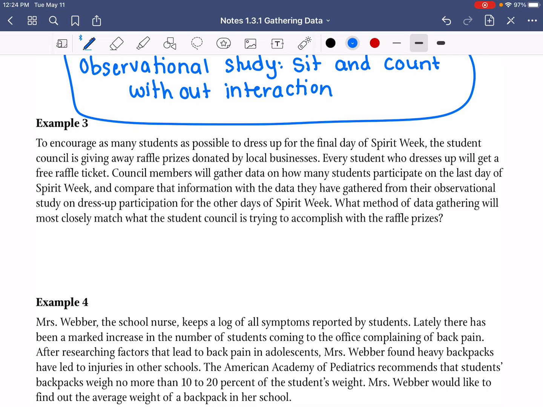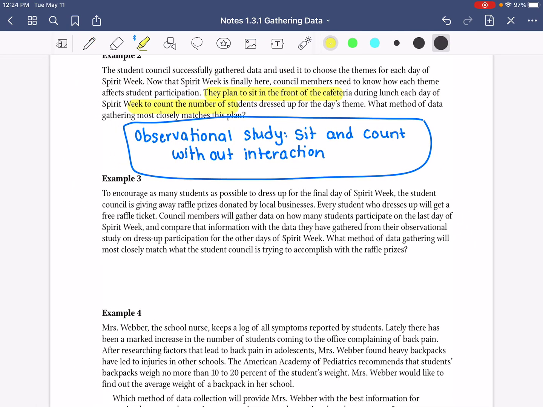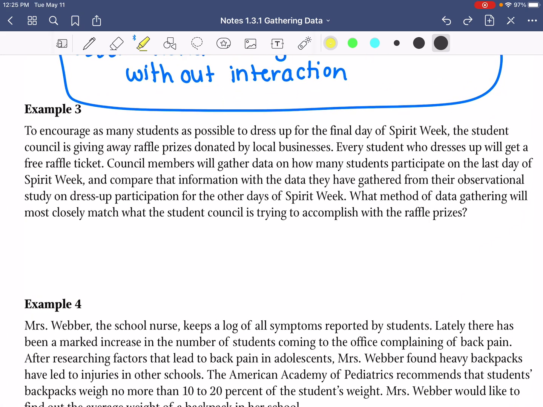So originally, the other 4 days of the week, they just did their observational study that we talked about up here. Now it says that they're going to give away raffle prizes. Each student who dresses up gets a free raffle ticket, and then they want to compare that information. That means that they are doing an experiment.